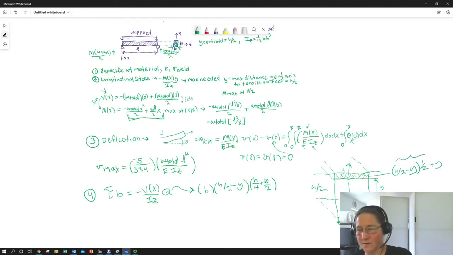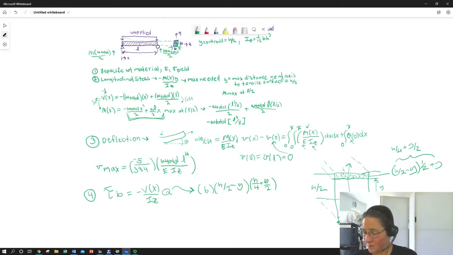So that all equals h over 4 plus y over 2. So this is all calculating this Q factor that we need to calculate shear. Basically showing you where that's coming from.